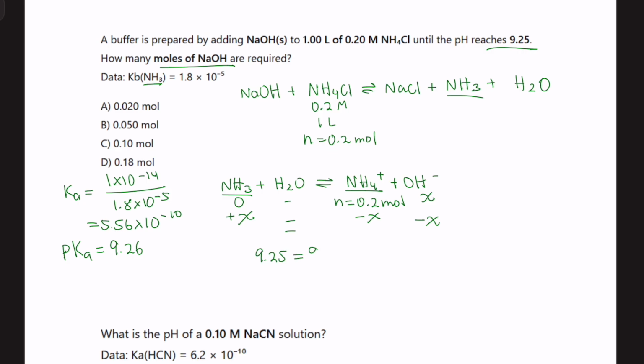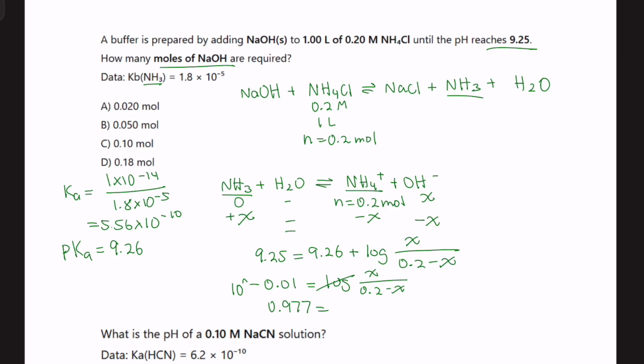My pKa is 9.26 plus log, and then I'll have X over 0.2 minus X, and then just using simple algebra, I'll solve for X. So negative 0.01 equals log X over 0.2 minus X. And then remember that this is 10 to the power of this value to get rid of the log. So 0.977 equals X over 0.2 minus X.